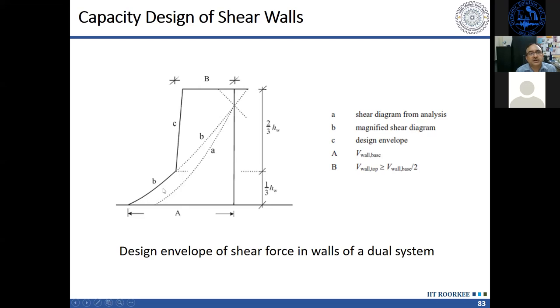So this is the capacity design shear force envelope for the shear wall, which is how the shear force in the shear wall will be used in design. Unfortunately, both our codes are missing this point at the moment. So you can refer to the Euro code or American code for this purpose.